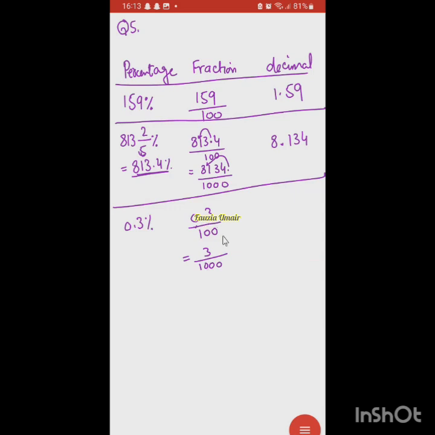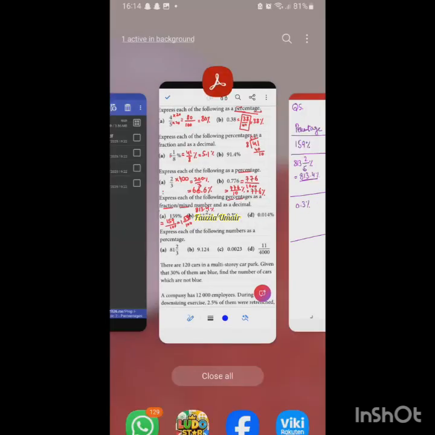Because one more zero is coming. The decimal form is 0.003. Excellent, very good. 0.003 because we need three zeros and there is just one digit, so I need two more zeros, right? Very good.